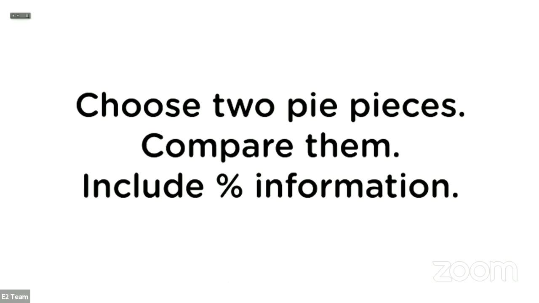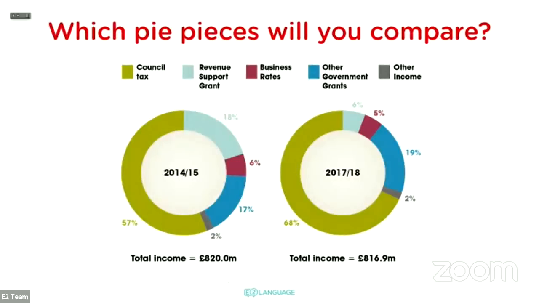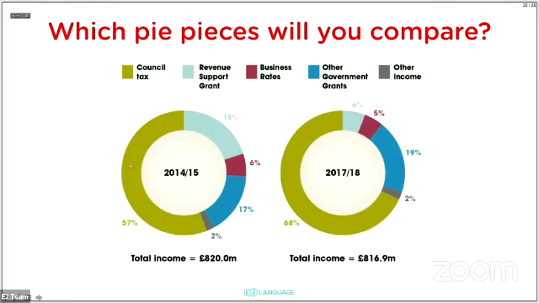Now, it's up to us which 2 pie pieces we choose, but it's actually quite simple with pie charts. With line graphs, it's much more difficult. But with pie charts, it's pretty simple because what we're going to do is we're going to compare this with this. We're not going to compare this with this, for example, because it's not a relevant comparison.